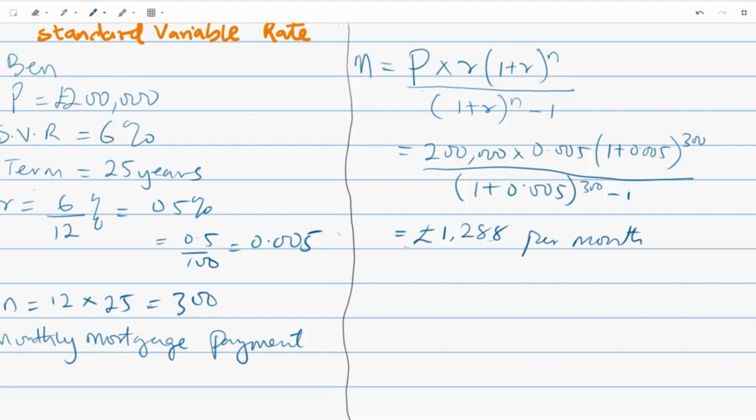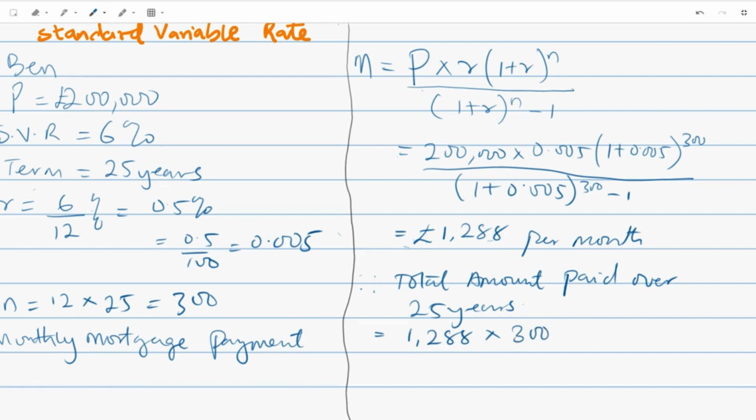Now we need to calculate the total amount that needs to be paid over 25 years. To do that, we need to multiply 1288 times 300, because the number of months in 25 years would be 300.